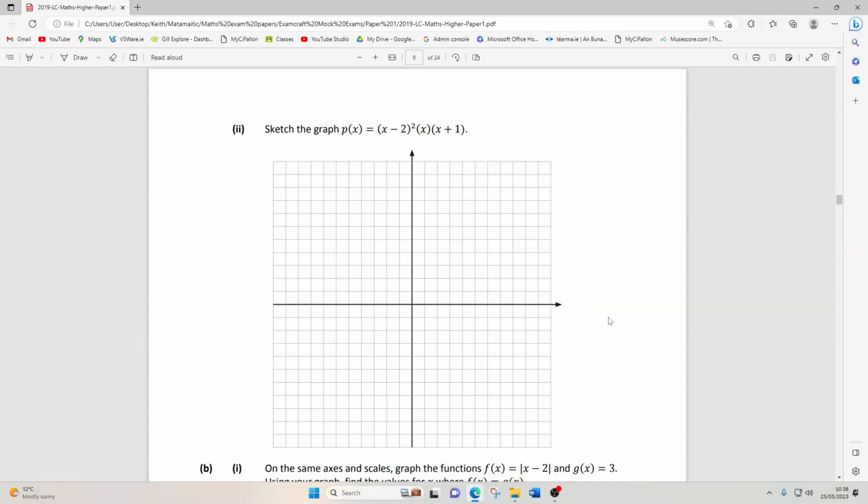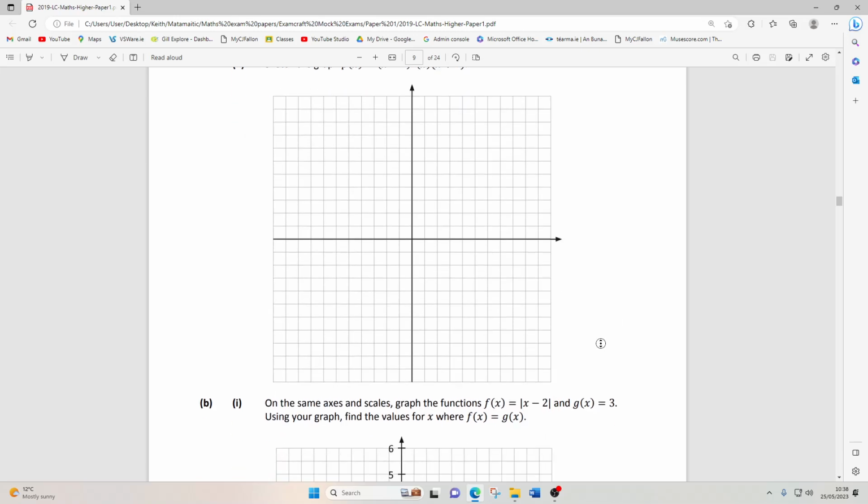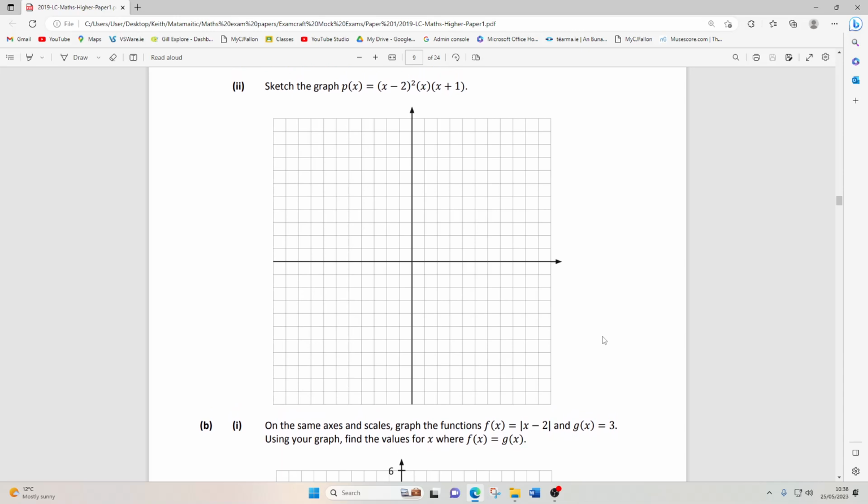Right, we shall add the graph in and then count it. Graph the function: x minus 2 squared, times x plus 1. So sketch the graph.